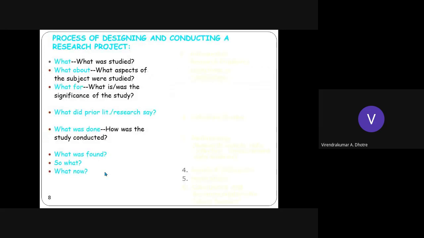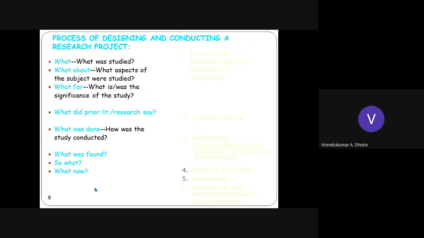So, let's look at the process of designing and conducting a research project. We ask particular questions, and those questions we can type in. This is how we conduct the research project. What was studied? So the kind of questions: what aspects of the subject were studied about the research problem?